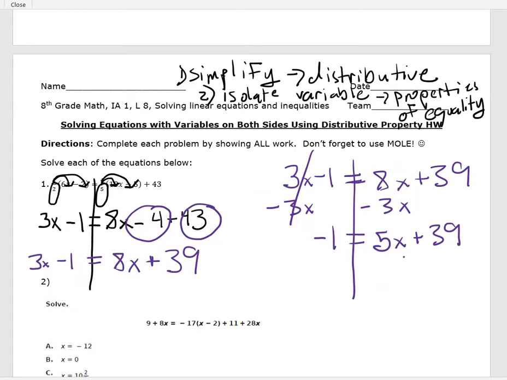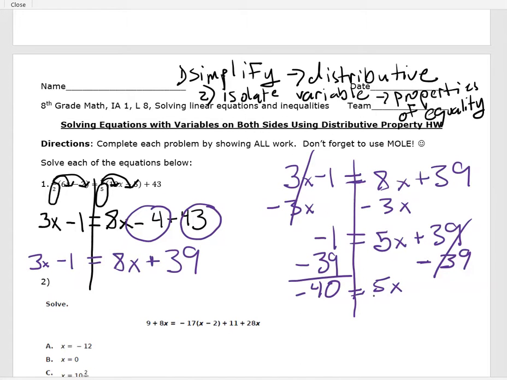And now I need to isolate this x. So the first thing I have to do is subtract 39. I subtract 39 from both sides, minus 39. And that's going to give me -1 minus 39 is going to give me -40 is equal to 5x.